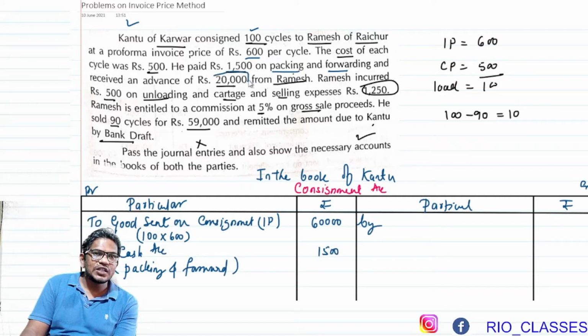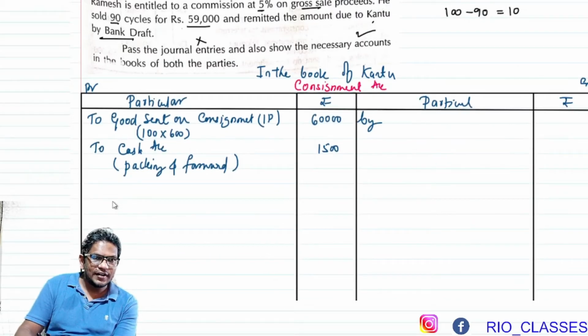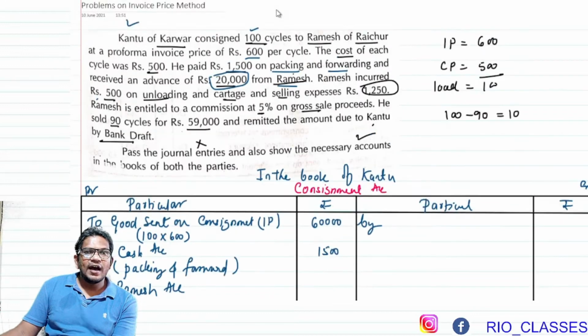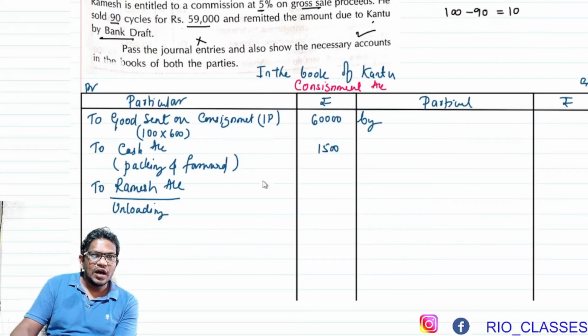He has received 20,000. Whenever we open the Ramesh account, we'll take it there. But Ramesh incurred 500 for unloading charges, so I'll write it here, put on to Ramesh account. Ramesh is the consignee. All the expenses like unloading, 500.